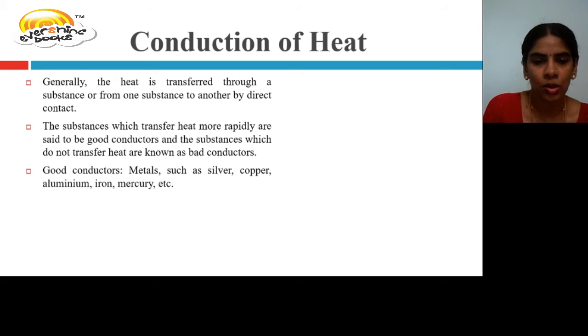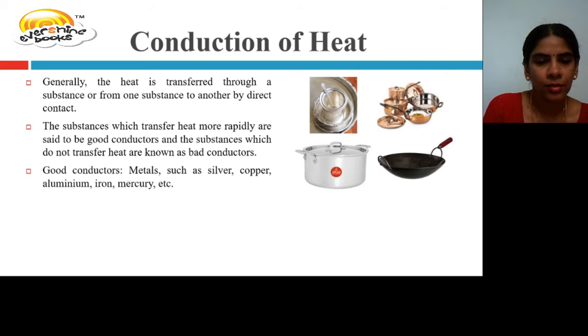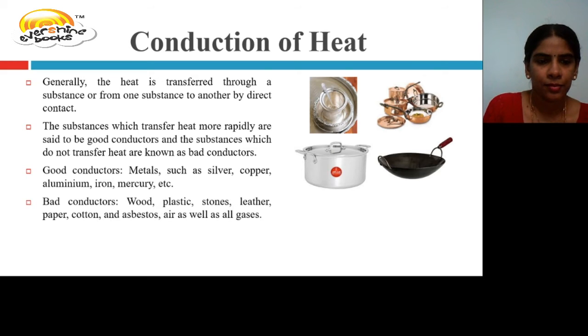Good conductors include metals such as silver, copper, aluminium, iron, and mercury, etc. Bad conductors include wood, plastic, stones, leather, paper, gases, and asbestos. These are considered bad conductors.